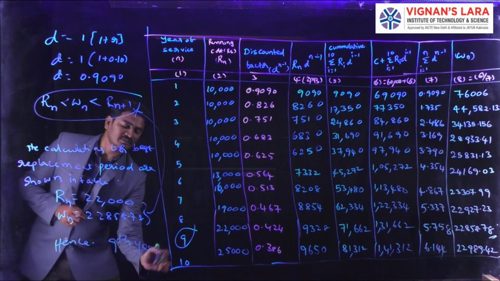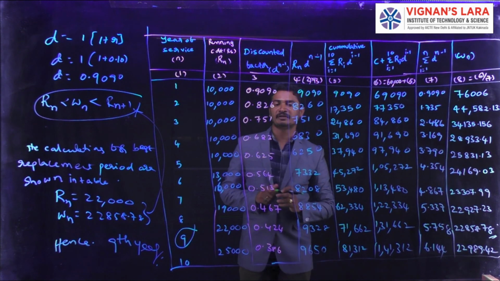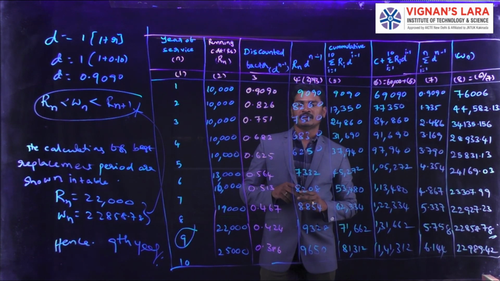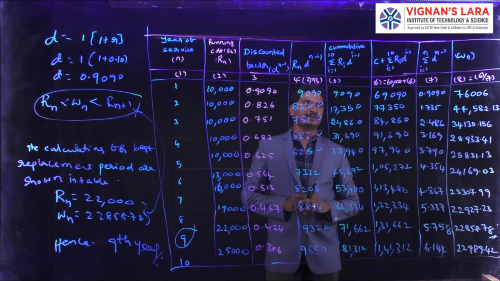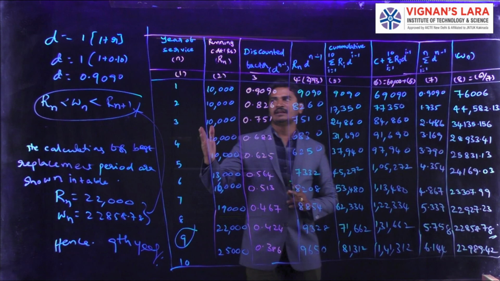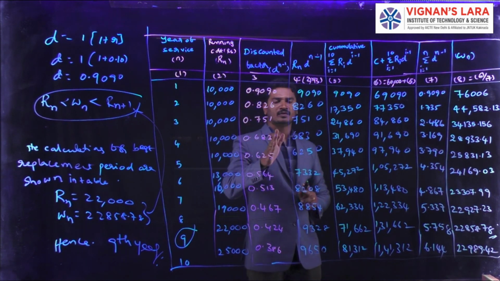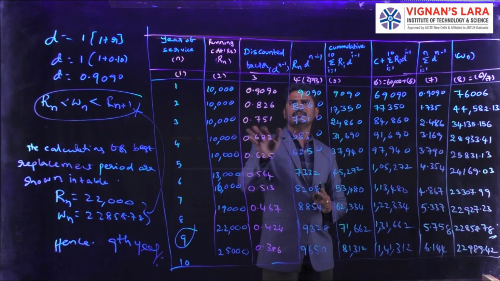Okay, this is our problem here. This is very very important in our replacement theory. We have to remember this table. Okay, it consists of 8 columns. First column we are taking the year of service, and second column we are going to take the running cost. Third column we are going to take the discounted factor, and fourth column we are going to take the cumulative sum of the multiplication of Rn into the discounted factor d power n minus 1.